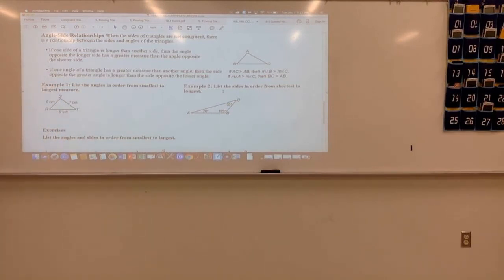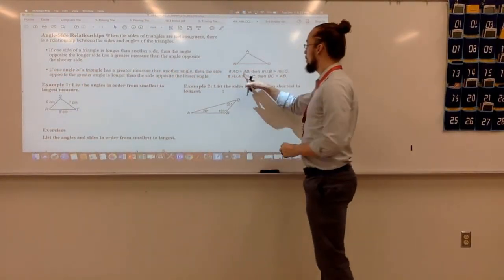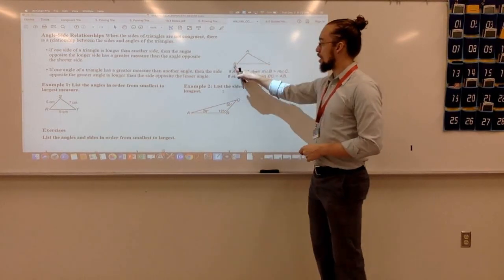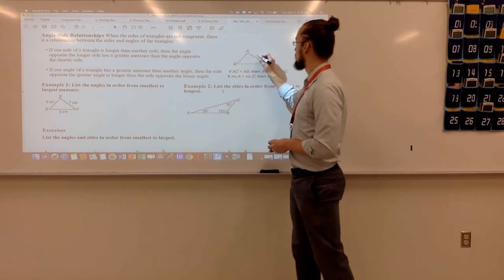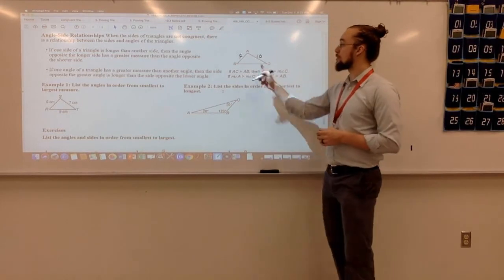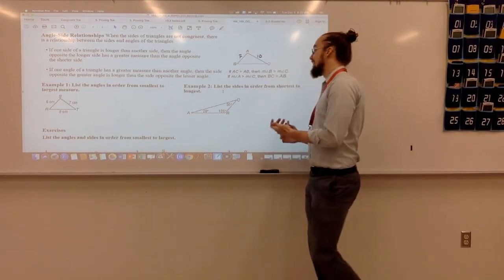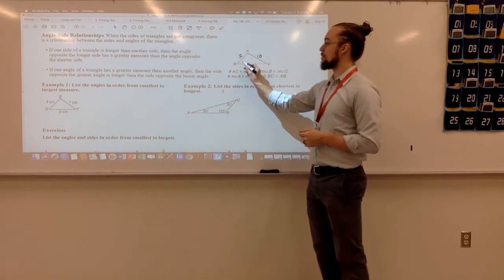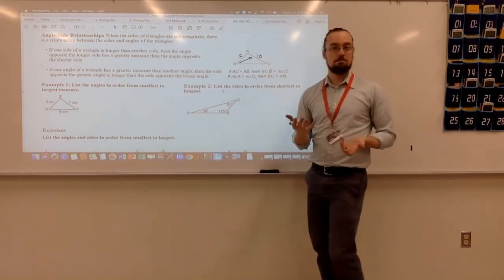So here, if I know that AC, this side, is longer than this side, so let's give them random measurements, say this side is like 10 and this side is 7. If I know for sure that AC is larger than AB, then that tells me that angle B has to be larger than angle C because angle B is opposite the longer side.